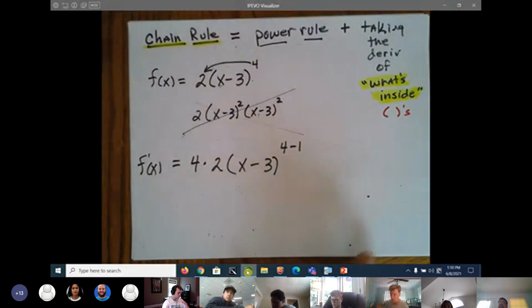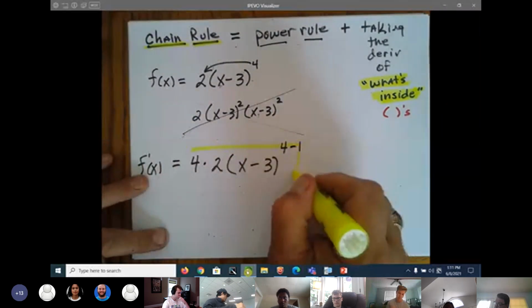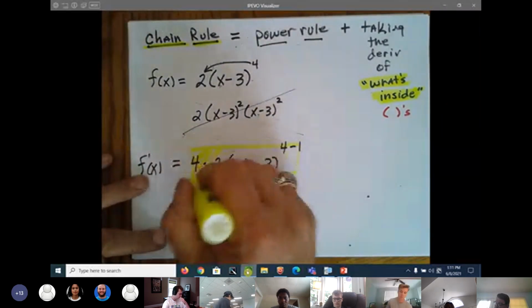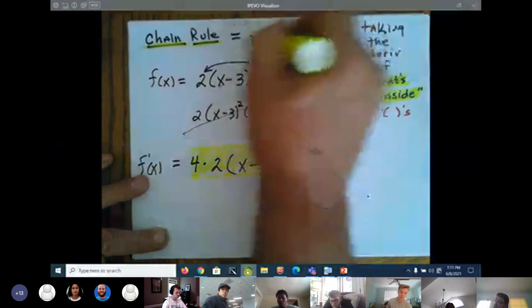Those of you that are paying attention. All right, I'm going to take my highlighter and color that yellow, because that is the power rule.